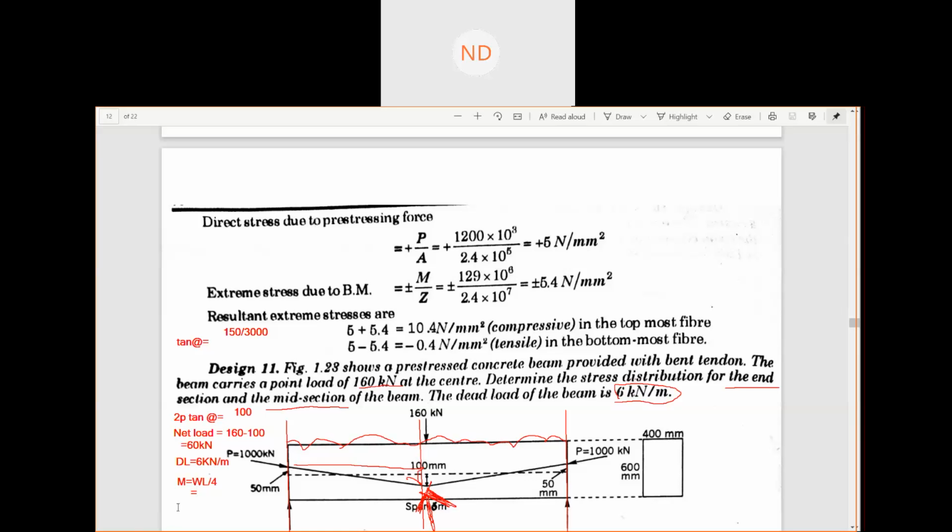You just type the answer for the point load moment, and I write the dead load moment. Dead load moment is WL square by 8. So how much is the moment due to the point load? Himal says 90 kilonewton meter.